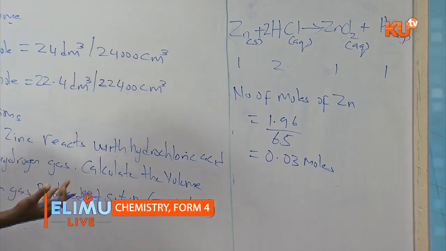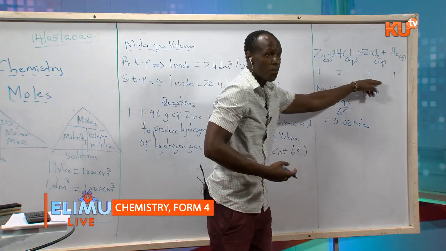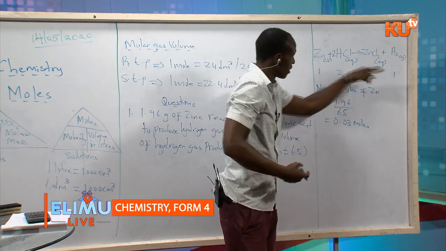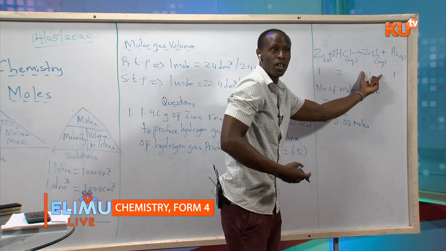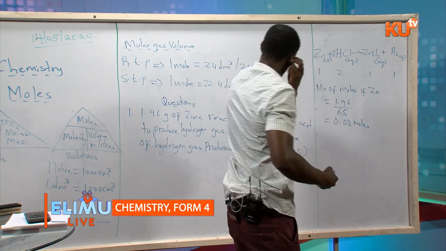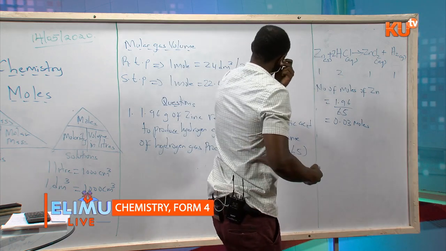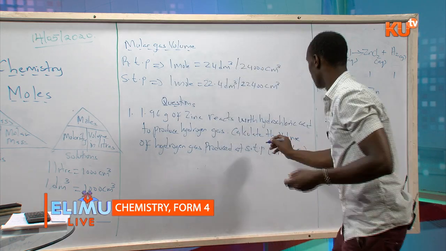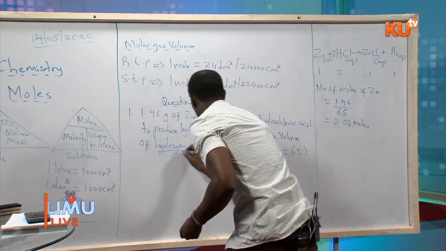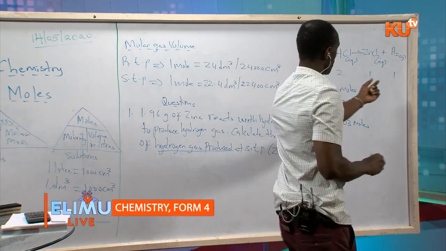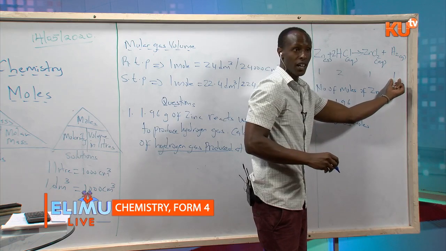So with that, if you know the ratio, you can get the number of moles of each reactant and each product occurring in your chemical equation. Here we are interested in hydrogen. Calculate the volume of hydrogen gas produced. So I want to know the number of moles of hydrogen gas.